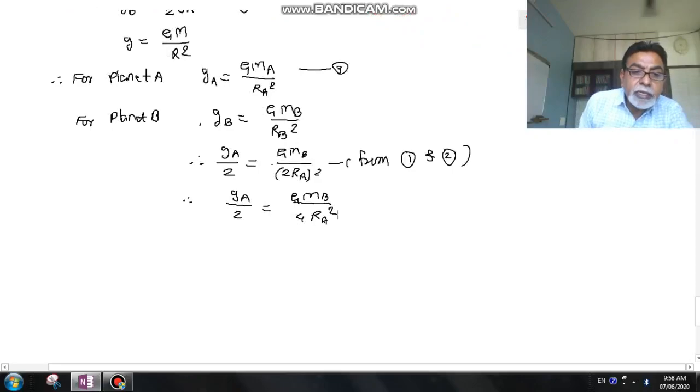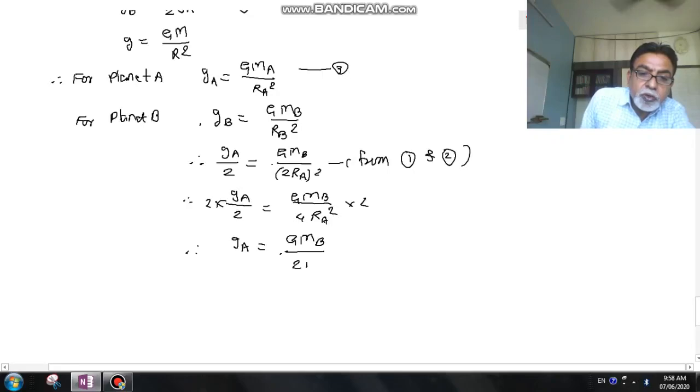So on multiplying this equation by 2, that 2 on both sides will cut, means we'll get here gA is equal to, we have multiplied here by 2, and we also multiply here by 2. So on simplifying we'll get gA is equal to G MB upon 2 RA square.